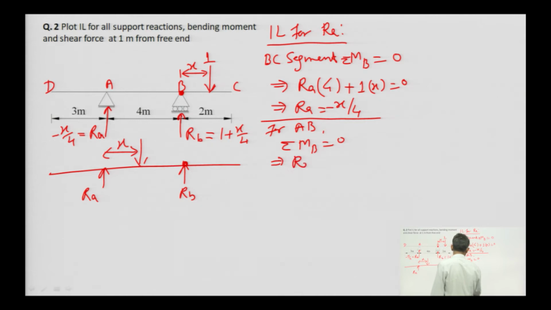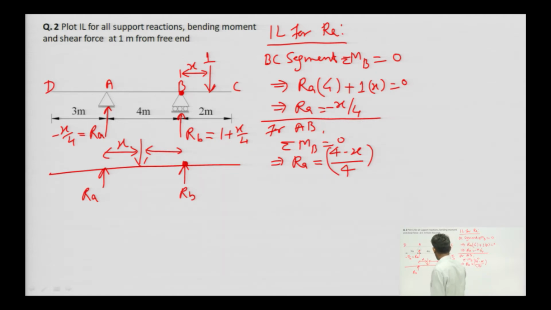RA is equal to 1 into (4 minus x) divided by 4, so it is 4 minus x by 4.